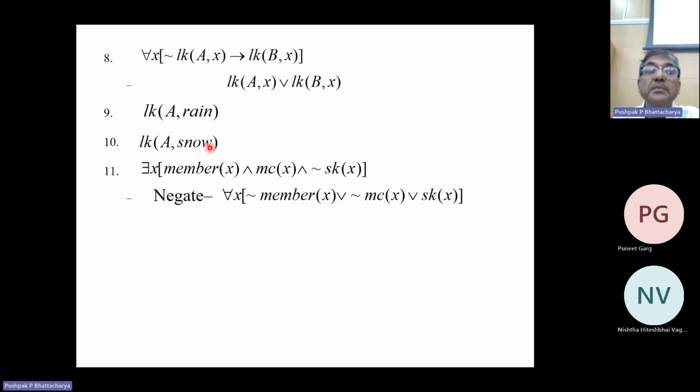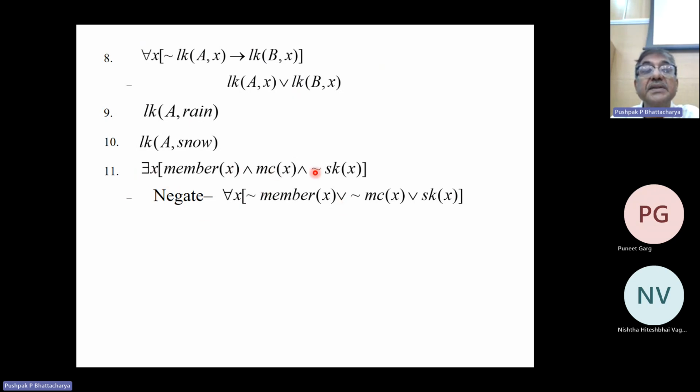Like(A, rain), like(A, snow), I don't have to do anything. And the formula that I want to prove, there exists x such that member(x) and mountain climber(x) and not SK(x), is negated. You probably know that an existential quantifier when negated becomes a universal quantifier, and the negation can be taken inside.